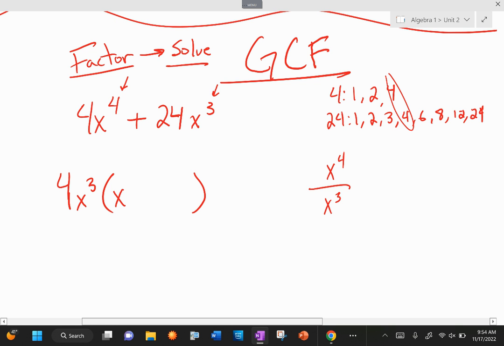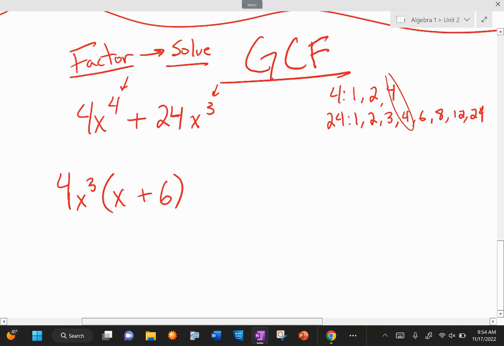When you multiply exponents, you add them. So then what about the 24? What's 24 divided by 4? 6. And what's x to the 3rd divided by x to the 3rd? Nope, 1. Again, what's x to the 3rd divided by x to the 3rd? 1. Okay, there we go.